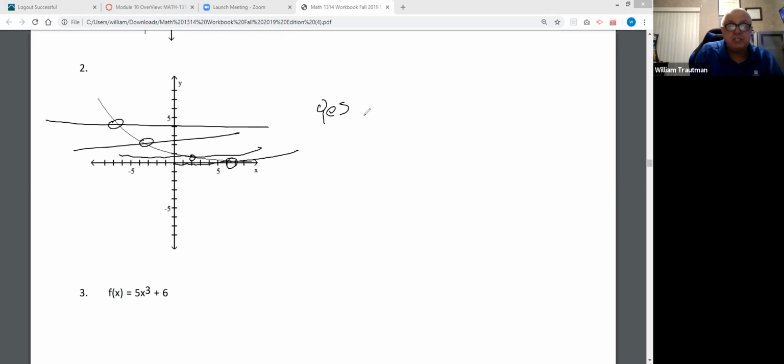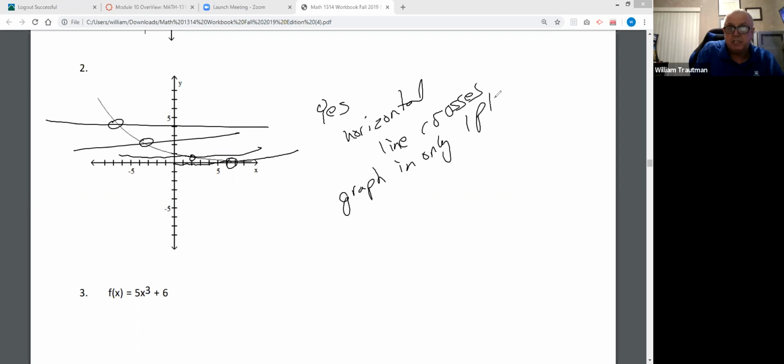So yes, the horizontal line crosses the graph only one place. This graph is 1 to 1.